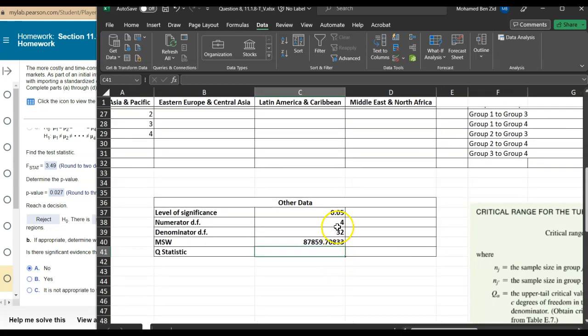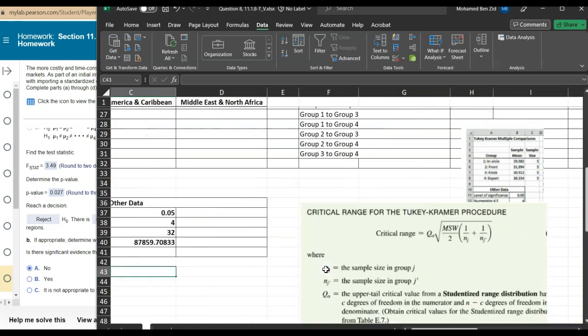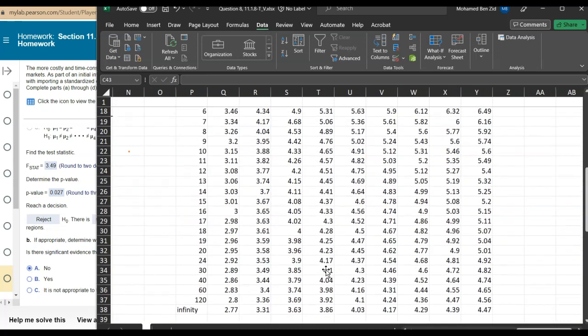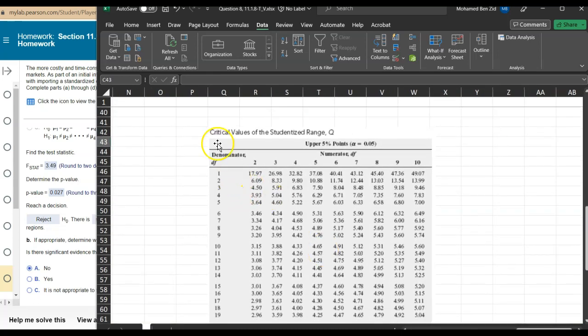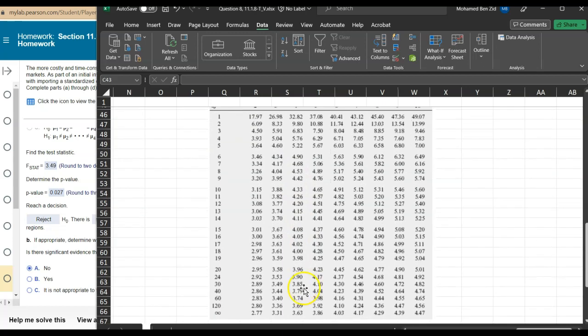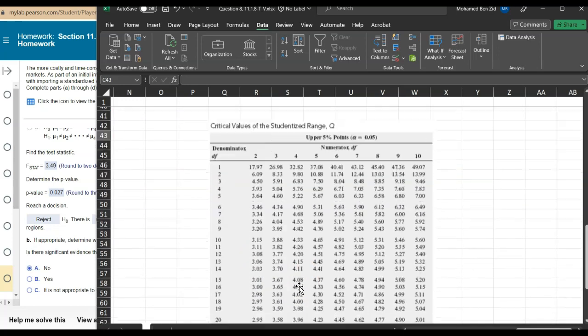Since 4 and 32 are the degrees of freedom, numerator and denominator, we're going to be using this table here, right? The critical values of the studentized range Q table, right? So we're going to follow the 4 all the way to 32. There is no 32, so 30 should be enough. So 3.85, yeah, 3.85.